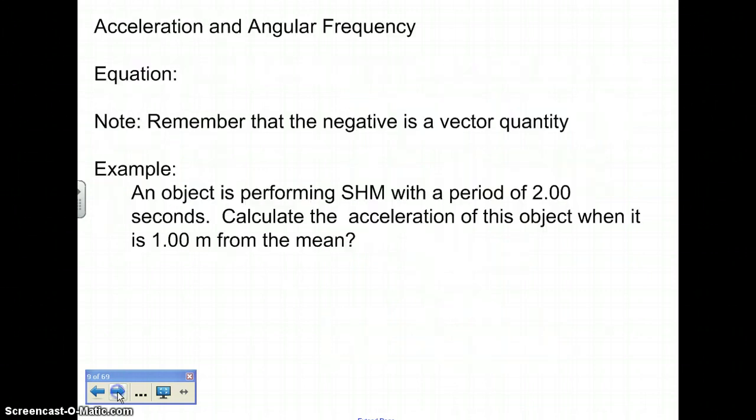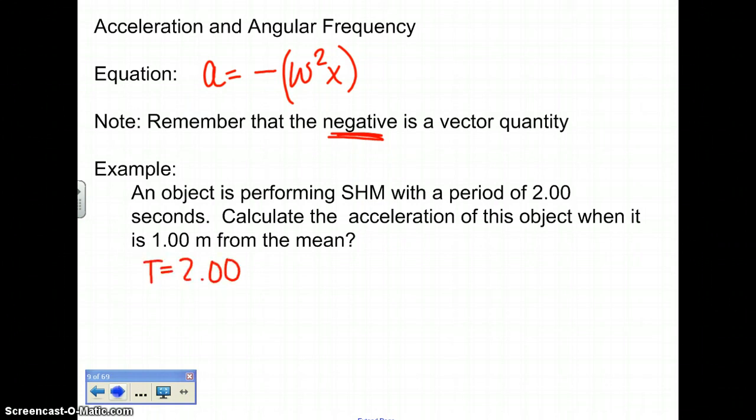So rads per second. Now, relating frequency and angular frequency to acceleration: a equals negative angular frequency squared times your displacement. Remember that the negative is showing a vector quantity. For the example here, just due to time constraints, guys, your period is 2.00 seconds and your displacement is 1.00 meters.